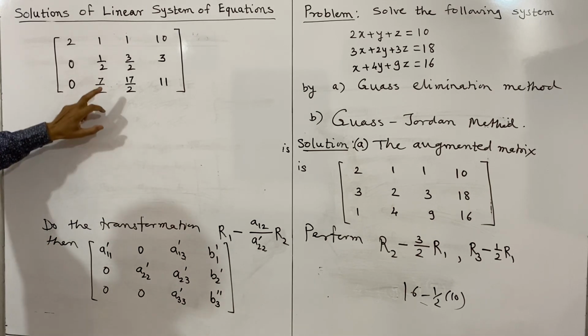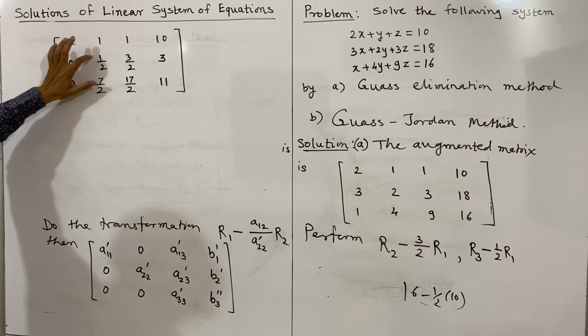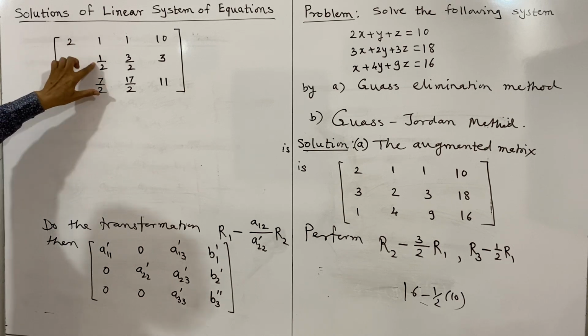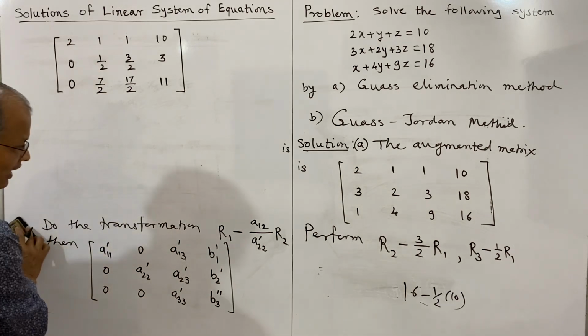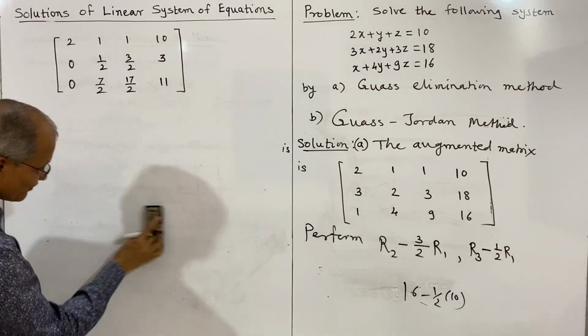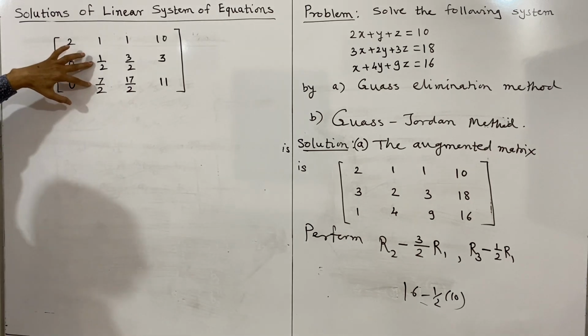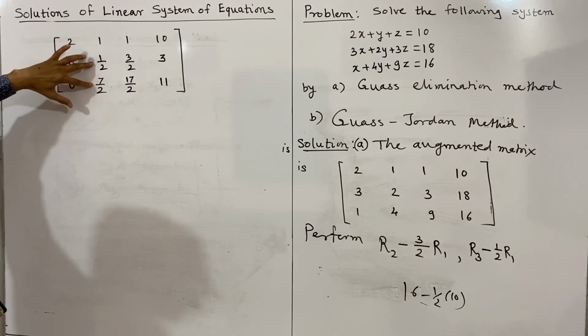Now what remains is to convert this element to 0, and for that we make use of the second row, and this is now the pivot element. So we have to actually divide by half and multiply by 7 by 2. But you see, these are to be made numerically equal and with opposite sign, and then we subtract.